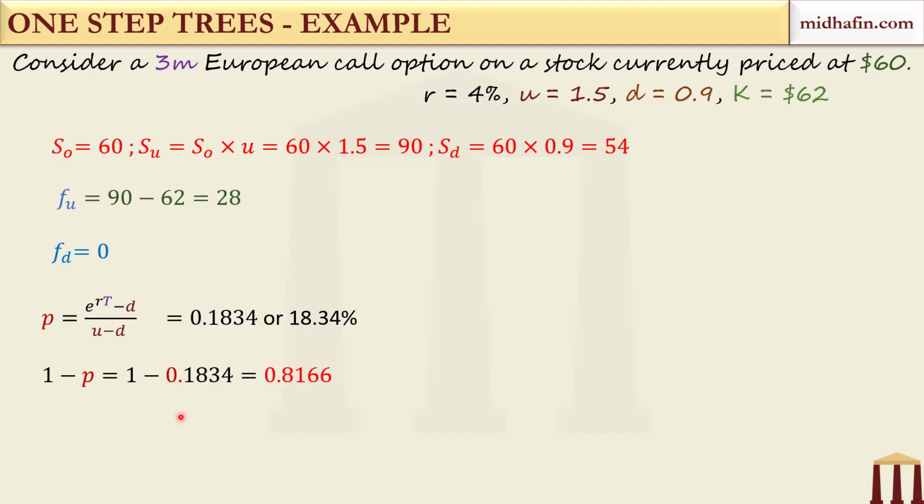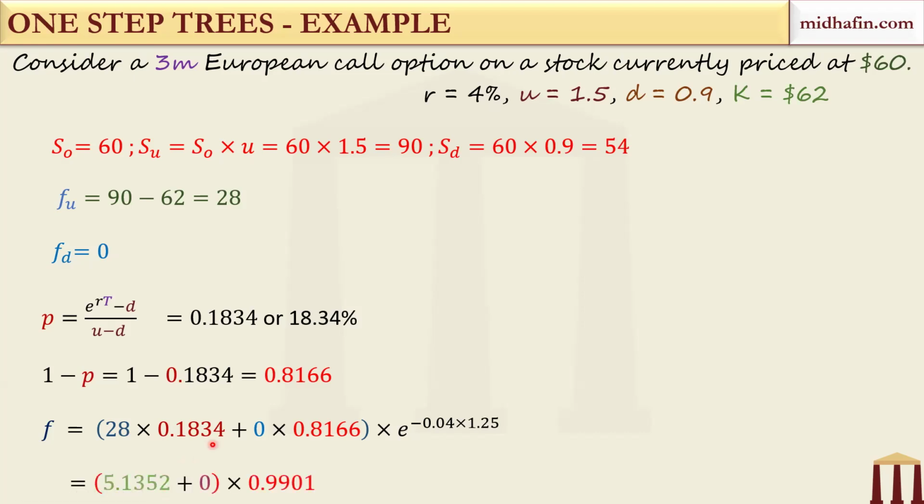I told you it can be shown that F is equal to Fu multiplied by P plus Fd multiplied by 1 minus P, multiplied by e raised to the power minus RT. If we solve these numbers, this first part comes out to be 5.1352, then 0 multiplied by 0.990.